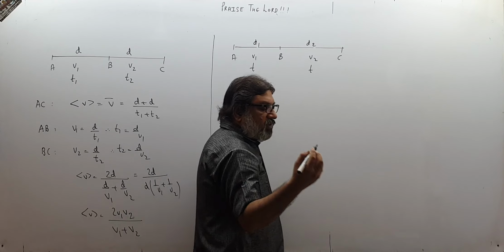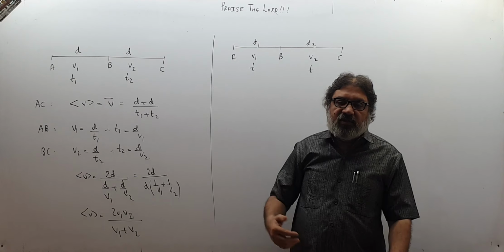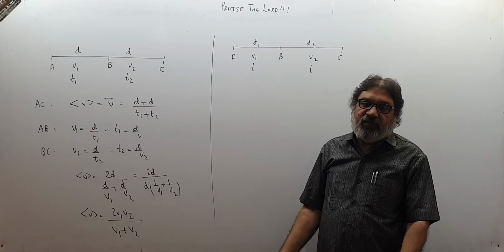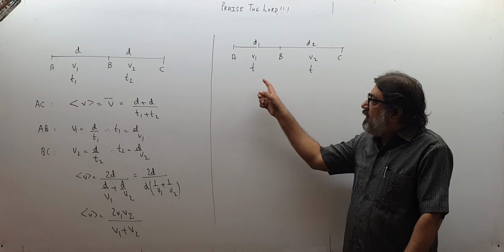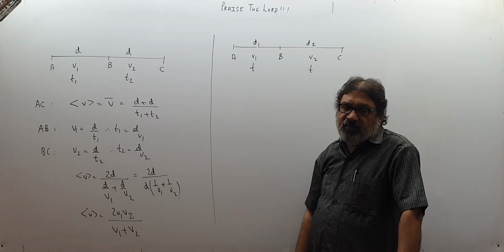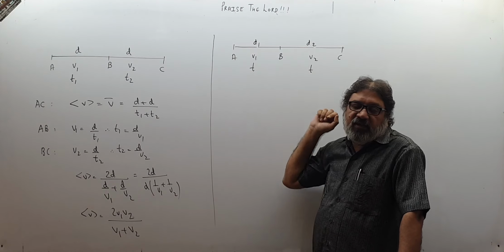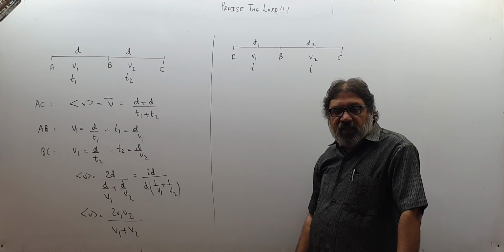Times are equal, say 1 hour. If you drive a bike for 1 hour with a speed of 50 km per hour and you drive a bike again for 1 hour at a speed of 100 km per hour. So time is the same, you are driving the bike for 1 hour each.